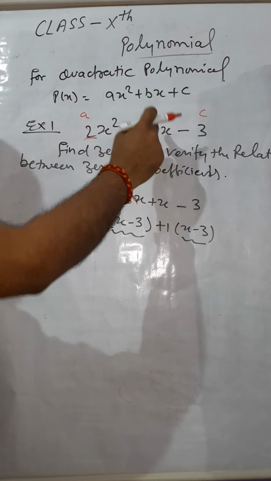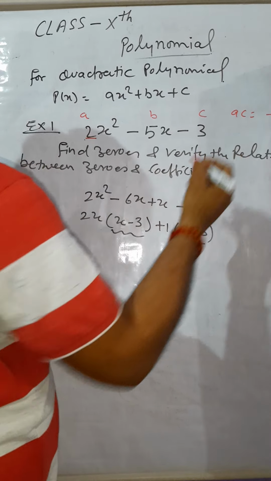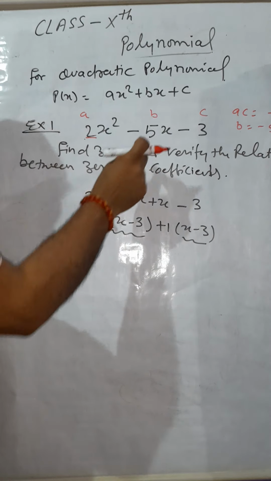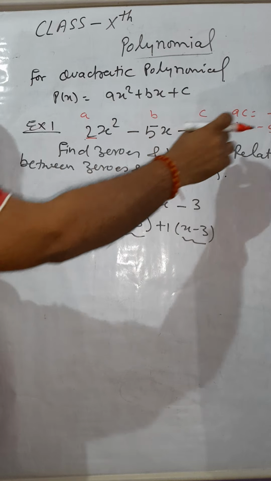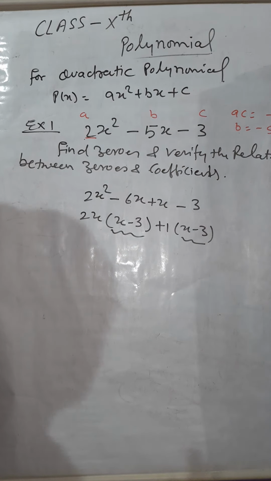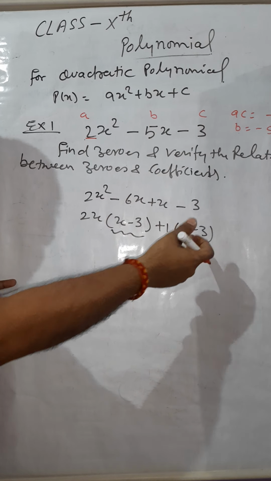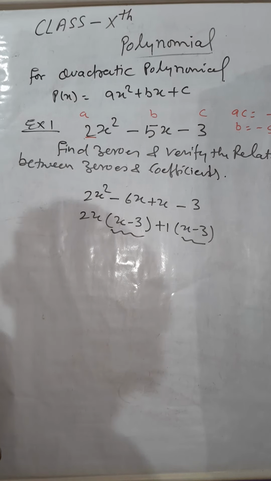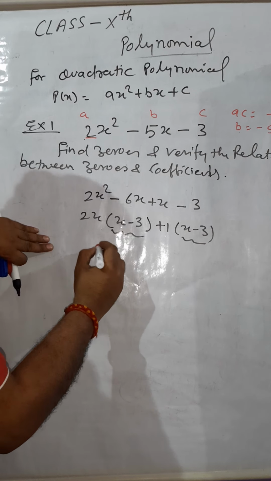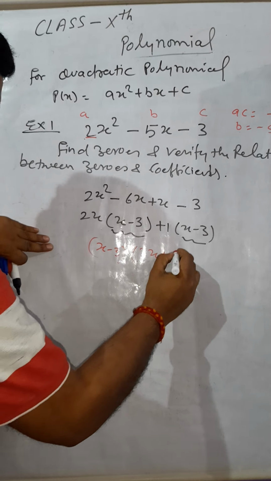The product of ac will be minus 6 and b is equal to minus 5. So we should be breaking this number. We should find two factors of minus 6 in such a way that their sum is minus 5 and their product is minus 6. Now, what is common in both? x minus 3 and 2x plus 1.